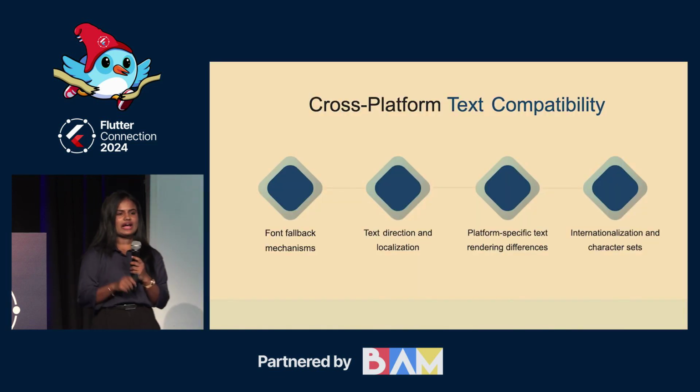We need to confirm before the development process that our text widgets and inputs have cross-platform text compatibility: font fallback mechanisms, text direction and localization, platform-specific text rendering differences, internationalization and character sets. These are some of the key notes we need to be sure are properly implemented.